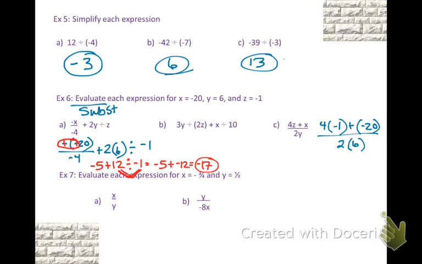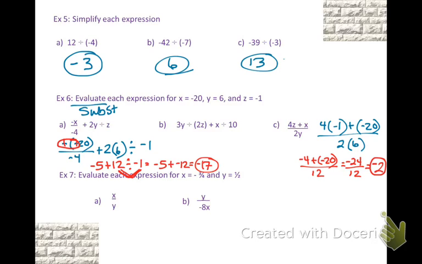So 4 times negative 1 is negative 4 plus negative 20. And 2 times 6 is 12. Negative 4 plus negative 20 is negative 24 over 12. 24 divided by 12 is 2. And it's a negative and a positive, so the answer is going to be negative.